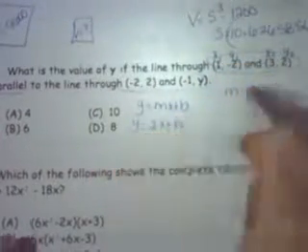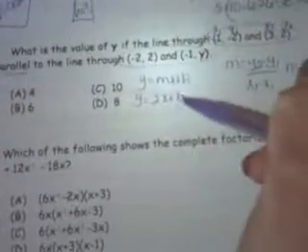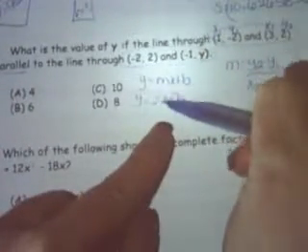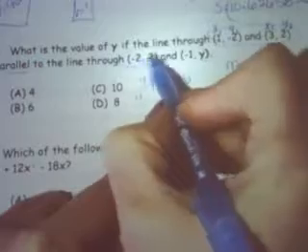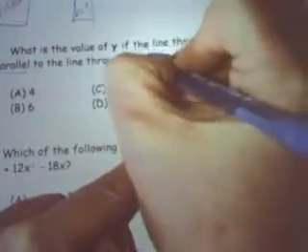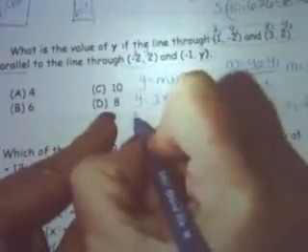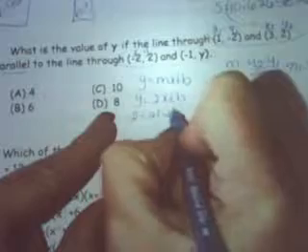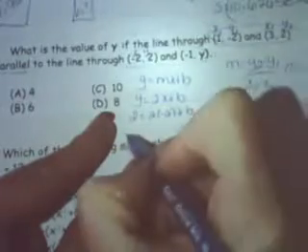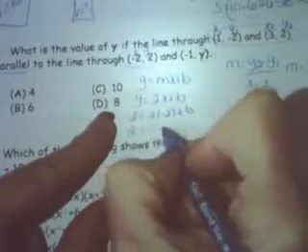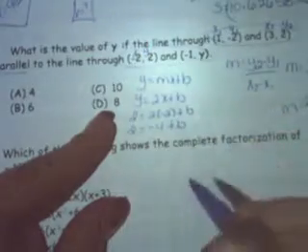So I have y equals 2x plus b. To find the b, I need to know x and y. X and y can come from either point on the line. I'm going to use the point where I know both values, x and y. So I'm going to have 2 equals 2 times -2 plus b. 2 equals -4 plus b.